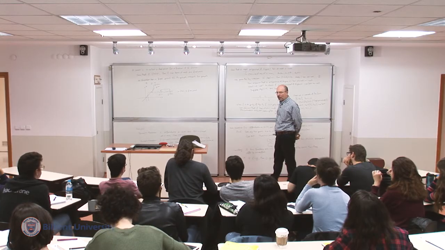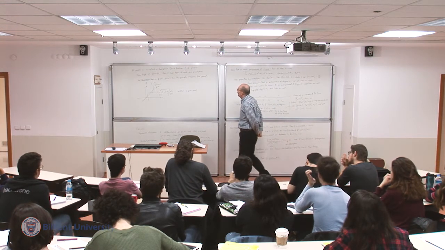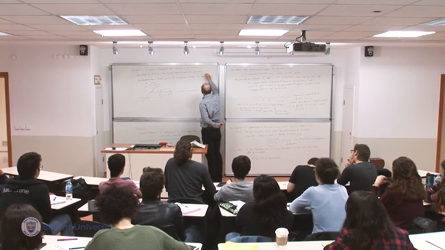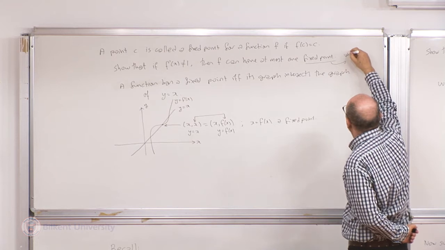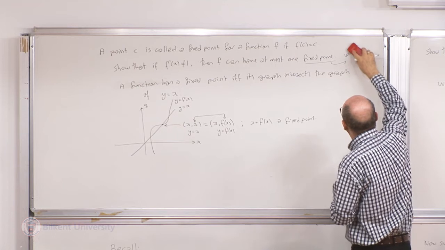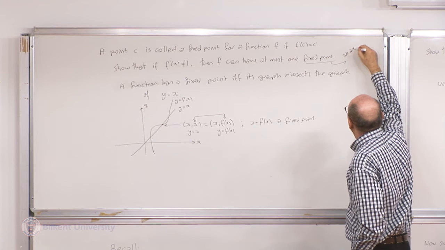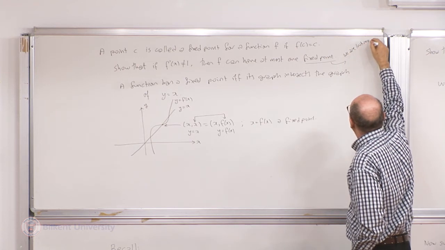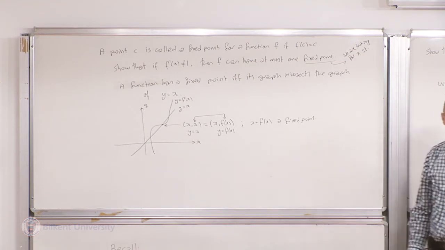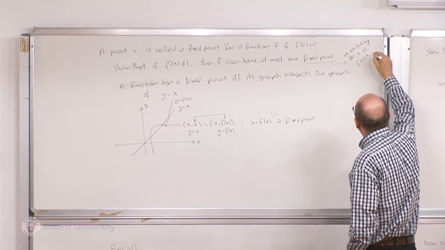So this is what we are trying to show. Fixed point means we are looking for x such that f of x equals x.